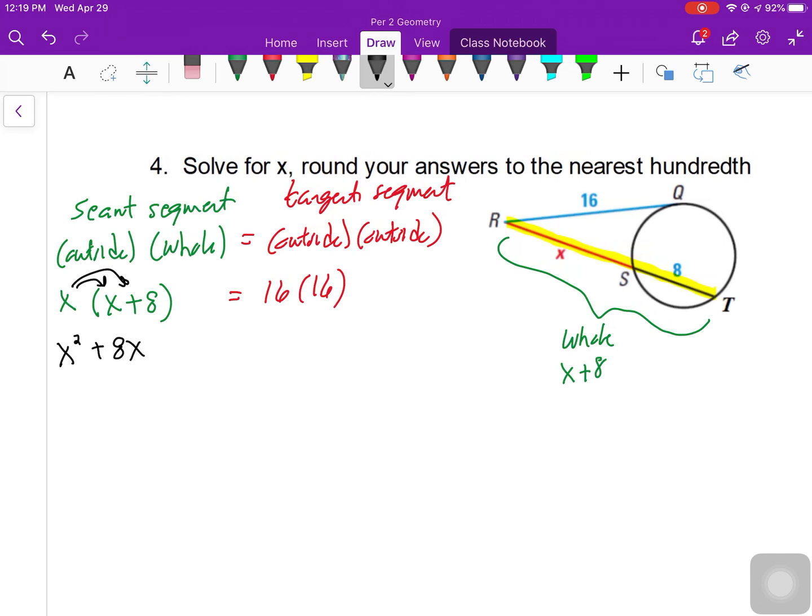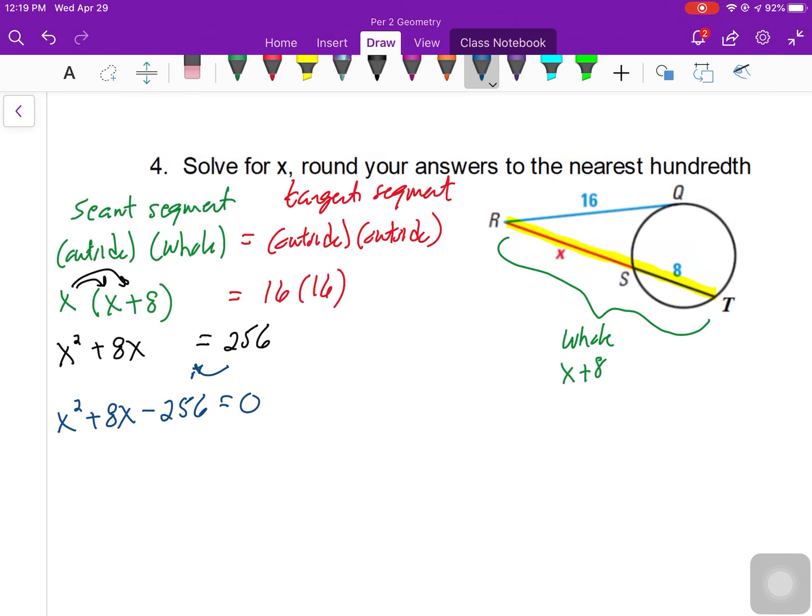Let's carry out the algebra. We'll distribute: x squared plus 8x. 16 times 16 is 256. To solve this, we have to move the 256 over, so it's set equal to 0. So that will be by subtracting: x squared plus 8x minus 256 equals 0.